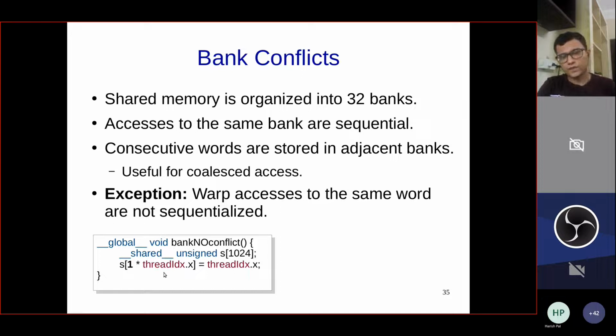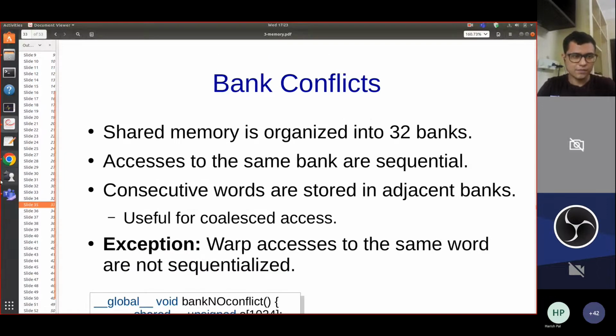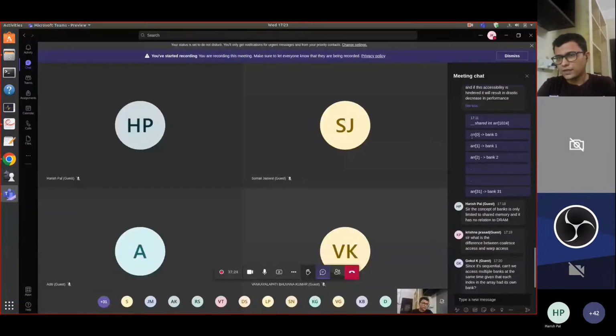So the access pattern that we do here is like this: S[threadIdx.x] = threadIdx.x. Let us understand what is happening. Thread 0 will access S of 0, thread 1 will access S of 1, thread 2 will access S of 2. If you see, this access pattern is exactly the same as the one we saw here, but instead of arr, the array is the shared array S. So S of 0 is accessed by thread 0, S of 1 by thread 1, S of 2 by thread 2, and so on.